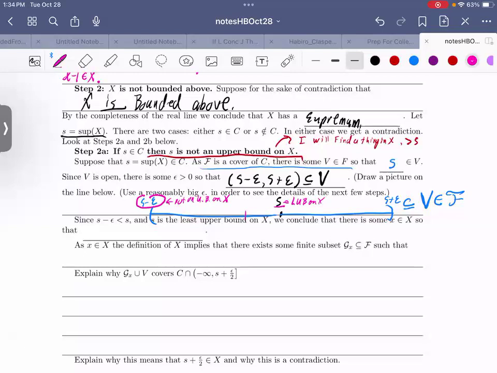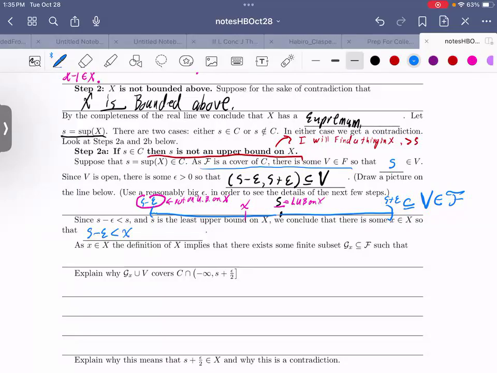So there must be some little x in the set in between the two. All right, so let's write that out. Since S minus epsilon is less than S, and S is the least upper bound, there's some x in X so that S minus epsilon is less than x.